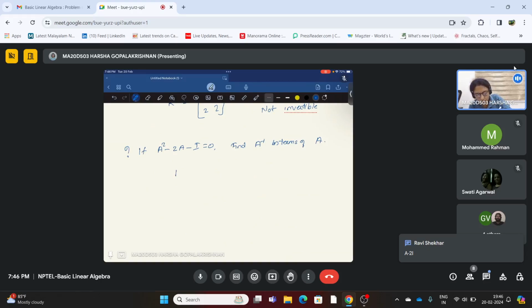This is very simple: A square minus 2A equal to identity. If we take A outside, we get A times (A minus 2I) equal to identity. The inverse is unique. If we get some matrix such that the matrix times A equals identity, then it should be A inverse. So A inverse equals A minus 2I.